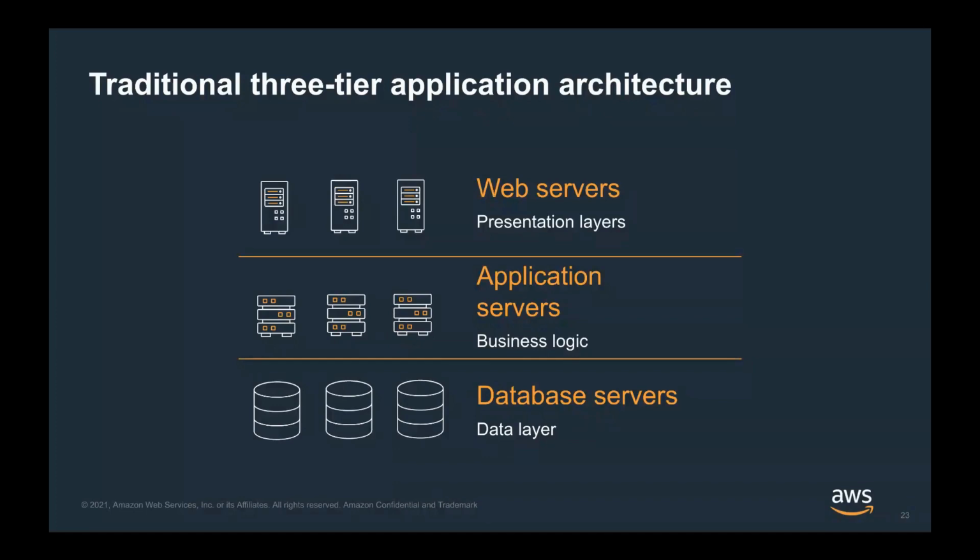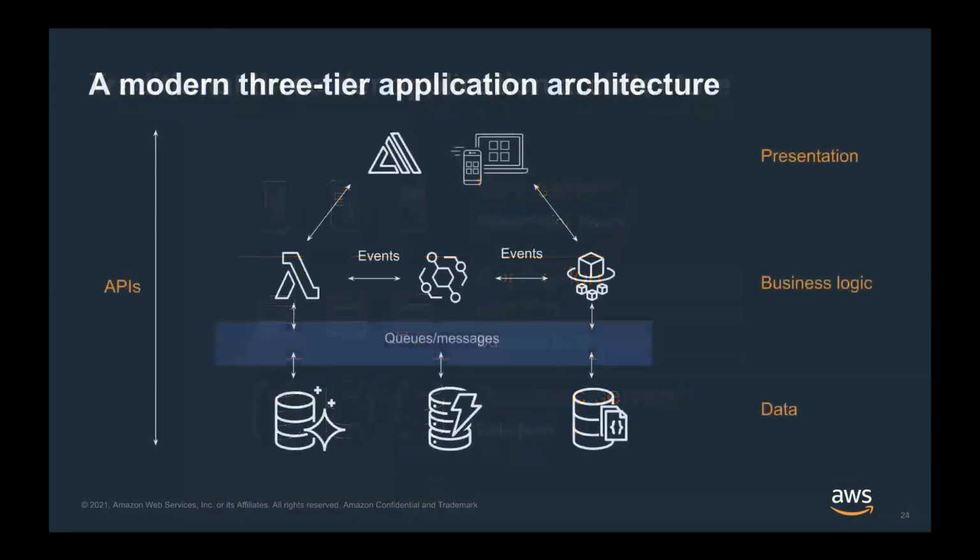So if you go into the next slide, you will see a conceptual model of what a three-tier application looks like. You no longer have the quote-unquote web servers, the application logic, and so on. It's split into really presentation, business logic, and data, and you are not really dealing with managing the core underlying infrastructure.